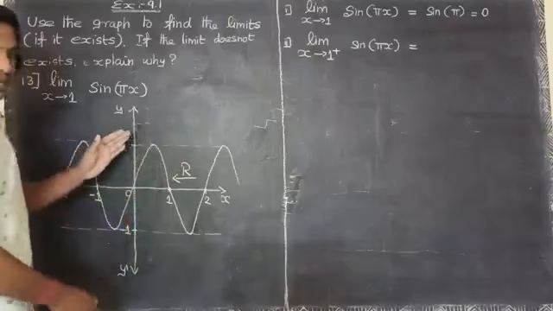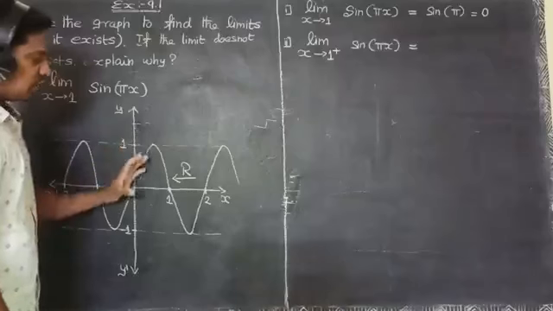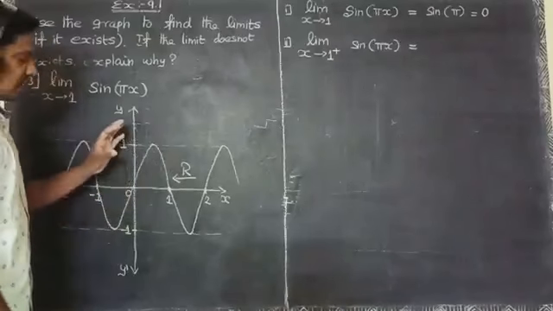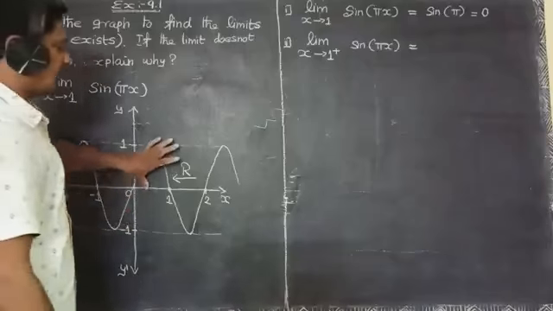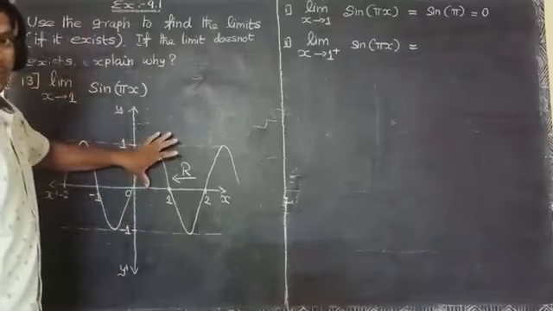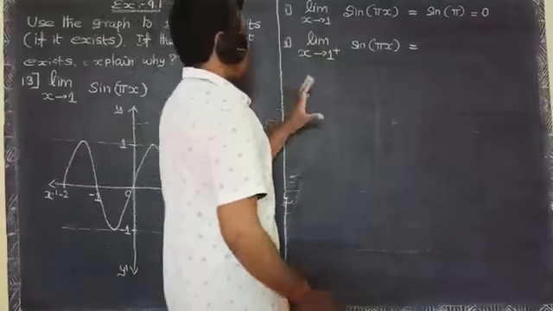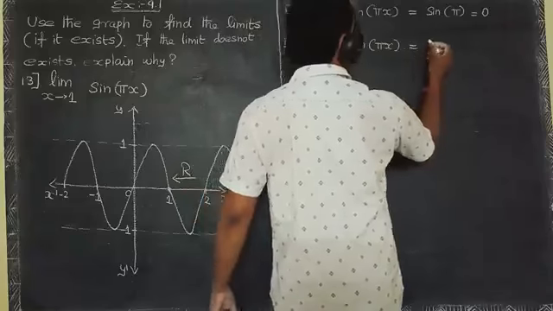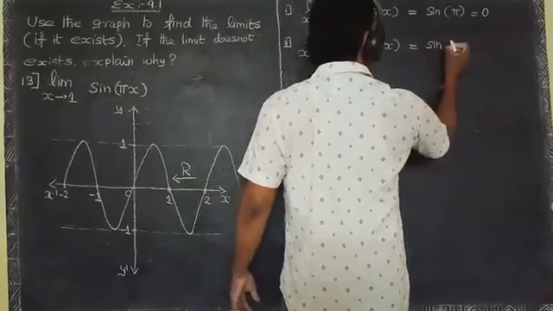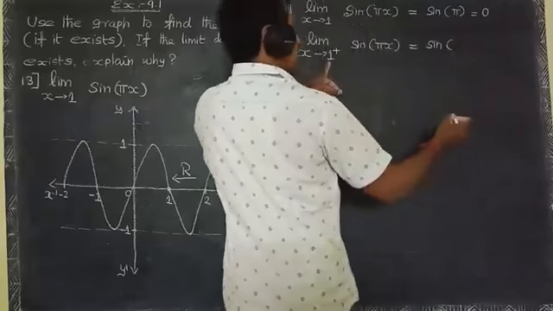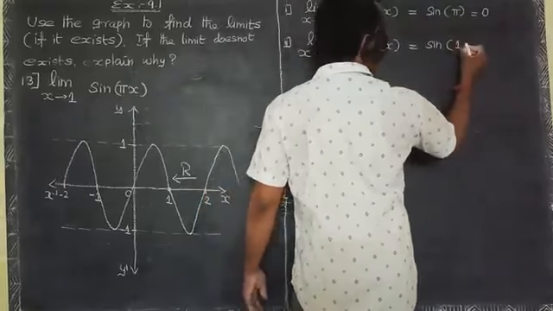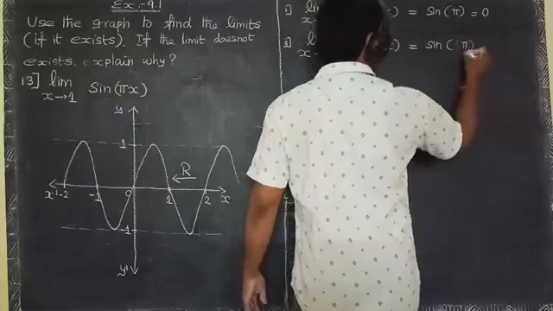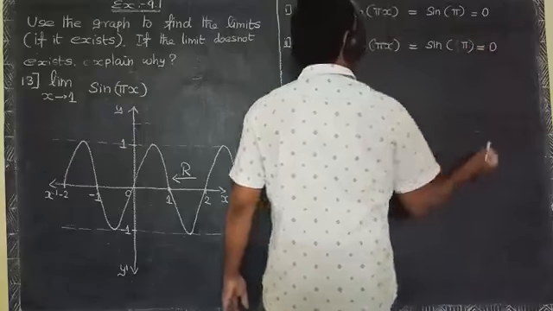Therefore, the given graph has limits. Now to find limit x approaches 1 plus of sin pi x, it is sin pi times 1, which is pi. The value of sin pi is 0.